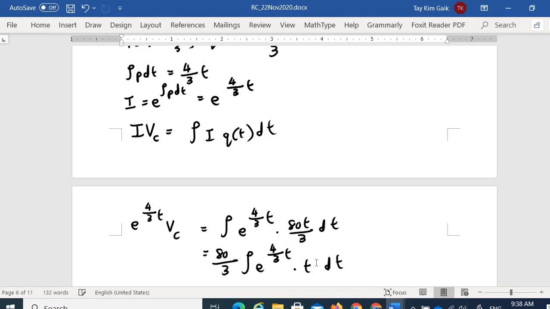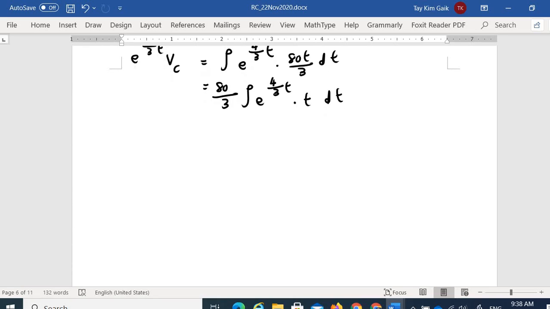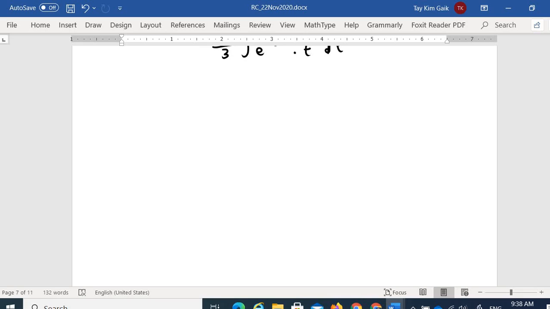As just now, we have a product form. We will integrate it using a tabular method. This is u and dv: t, then exponent 4 over 3t.